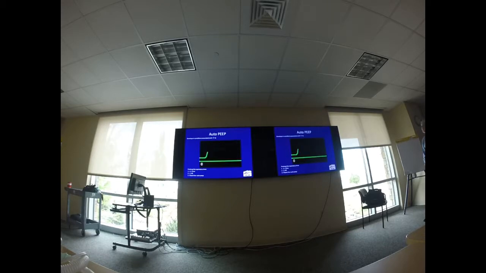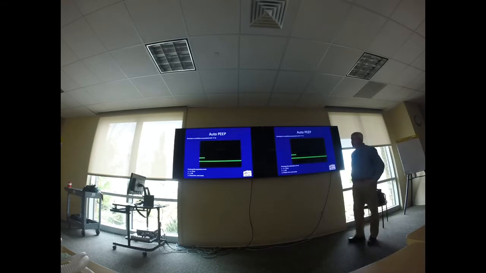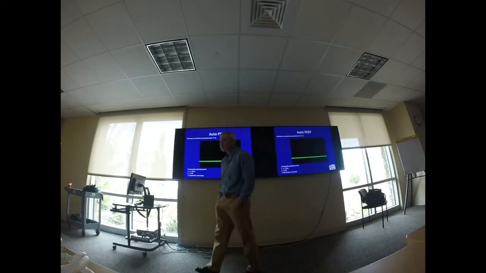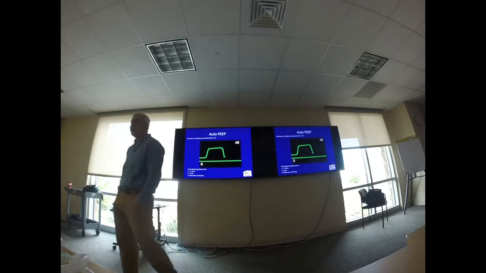And so anything with increased minute ventilation, you might see some auto PEEP associated with it. So knowing that I might want to increase my expiratory time in some of those patients, what's another condition that I might see auto PEEP in? Pneumothorax. CHF or some sort of pulmonary edema maybe?